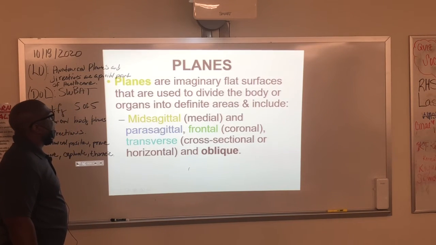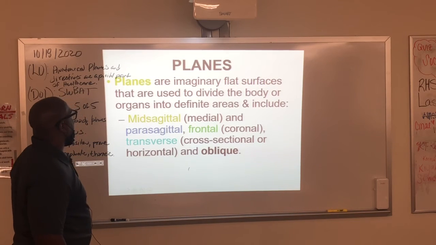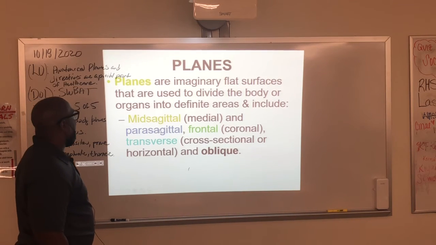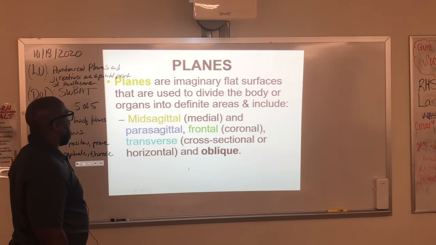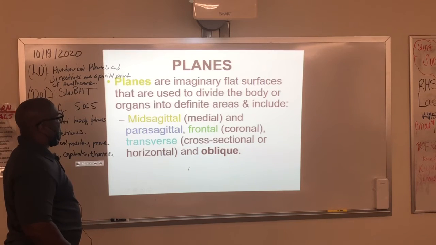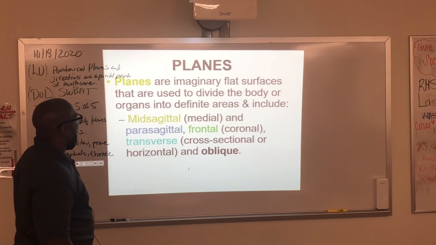Planes are imaginary flat surfaces that are used to divide the body or organs into definite areas and include mid-sagittal, parasagittal, frontal, and transverse. I am interested in mid-sagittal, frontal, and transverse.